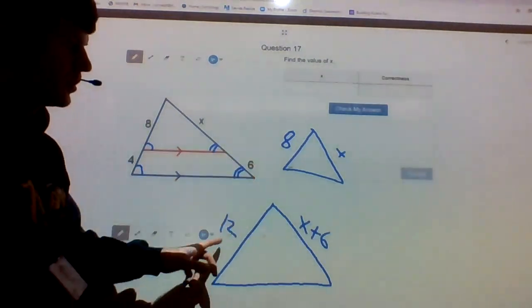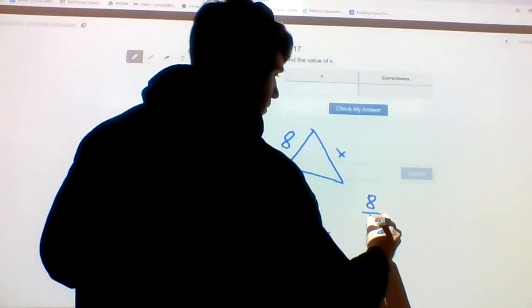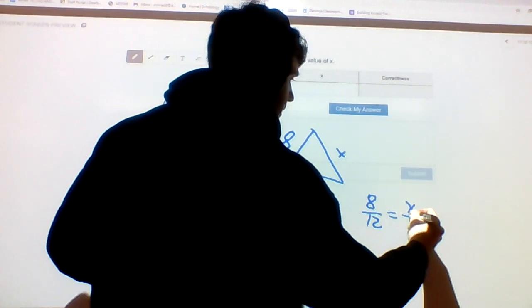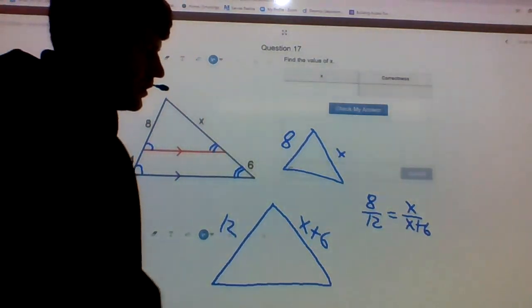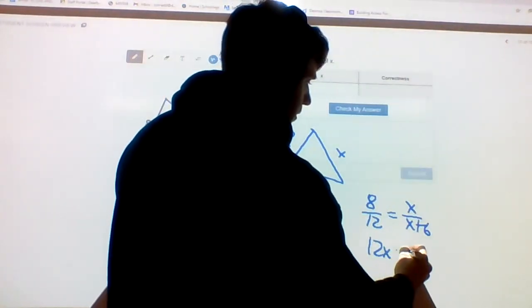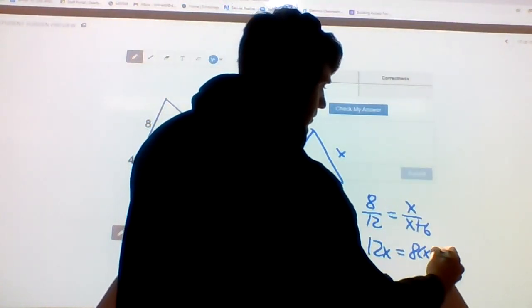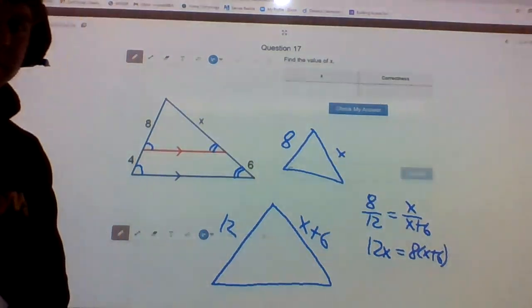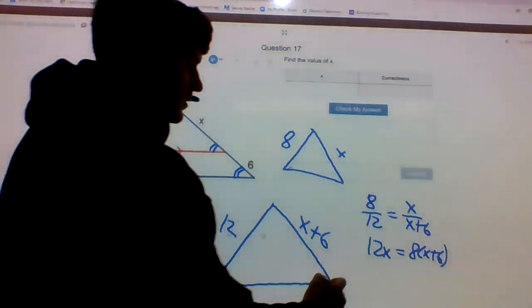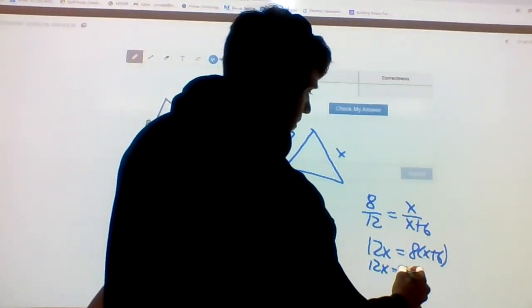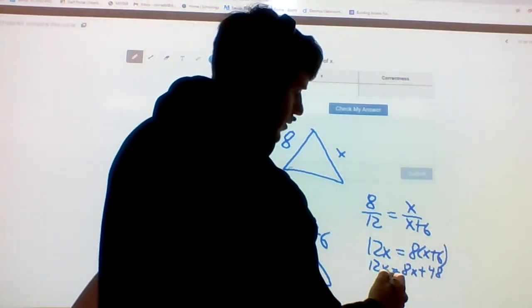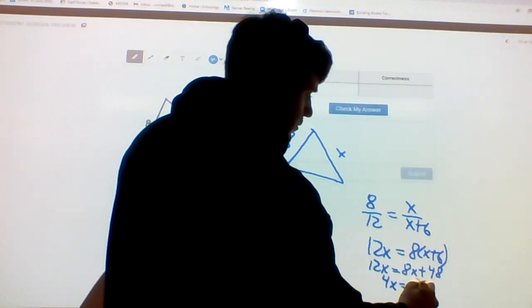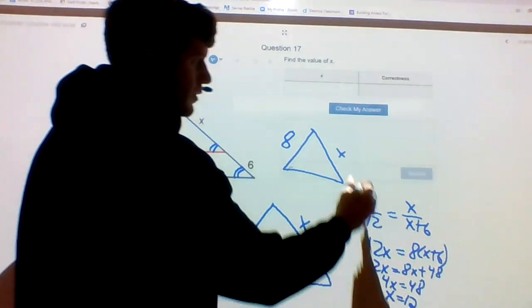You could set up a proportion: 8 over 12 equals x over x plus 6. Cross multiply, you get 12x equals 8 times x plus 6. That's 12x equals 8x plus 48. Subtract 8x from both sides, you get 4x equals 48. Divide by 4, you get x equals 12, which is what we had before.